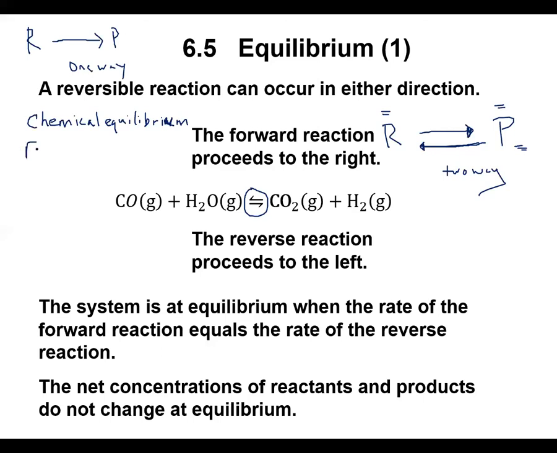The forward reaction is going from reactants to products, and it will eventually equal the rate of the reverse reaction, which is going from products to reactants. What that means is the rates of each of those are equal to each other. It doesn't mean that the concentrations are equal to each other.